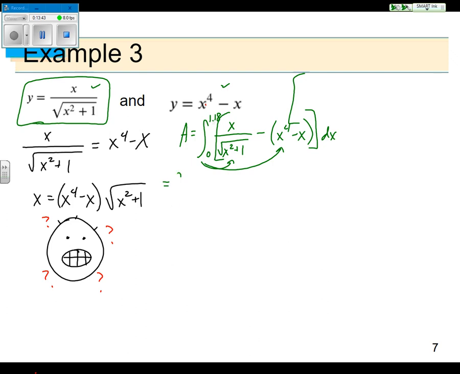Okay, so I'm going to take the integral from 0 to 1.18 of what you're going to hear me refer to as the hard part, dx. dx goes with both of them. And subtract off, I'm going to take the integral from 0 to 1.18 of what you're going to hear me refer to as the easy part.